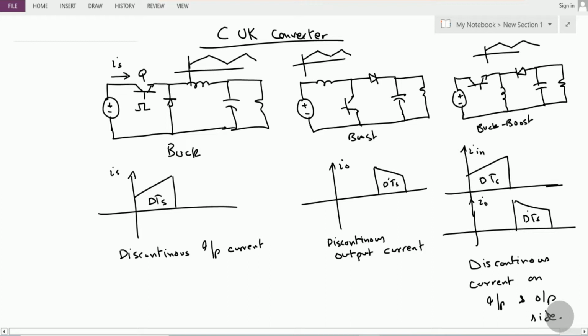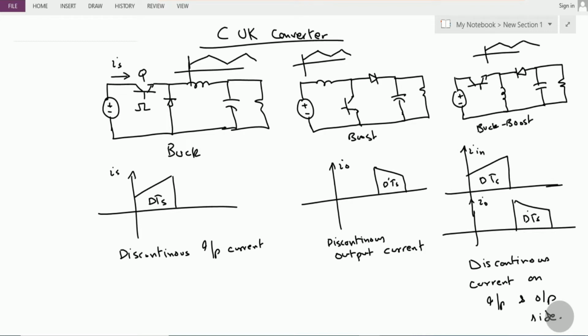Now this means that we require some filters to be part of these converters in order to smooth out the current ripple component at the switching frequency, which is drawn by the line supply in case of a buck converter and by the load in case of a boost converter.